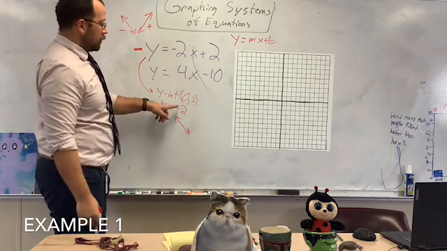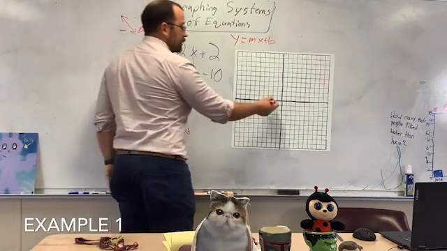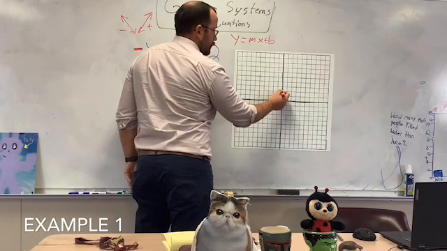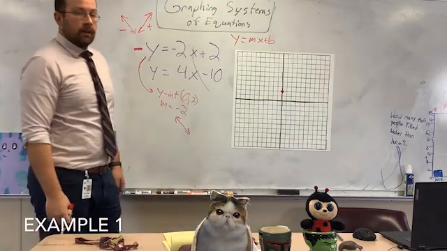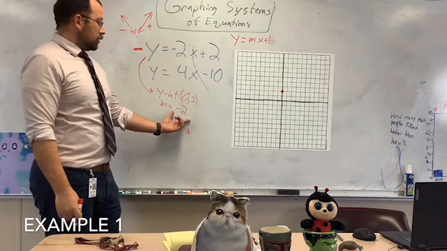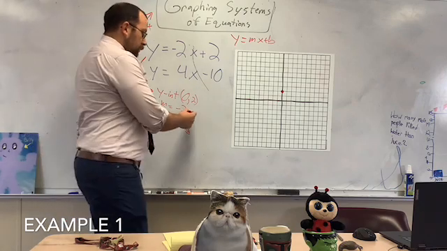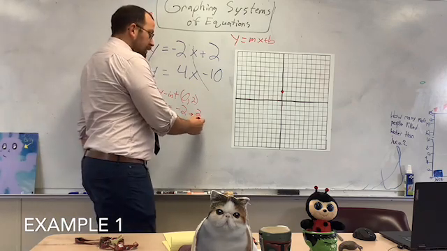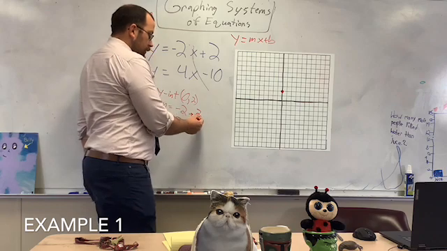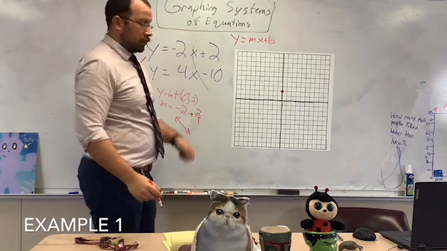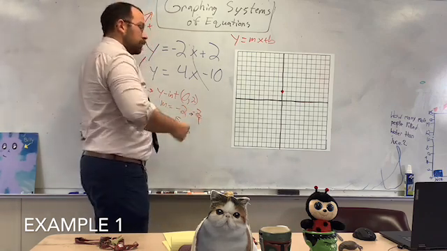So I start at my y-intercept, (0, 2). Then I do my slope. The slope is rise over run, so this is actually 2 over 1. Well, negative 2 over 1, but just 2 over 1.